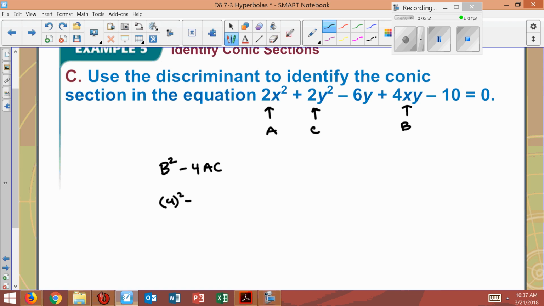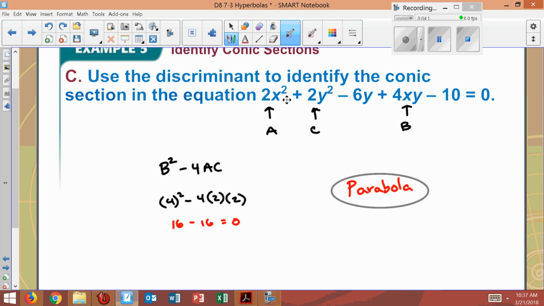I square it, minus 4 times 2 times 2. 4 squared is 16, and 16 minus 16 equals 0. Since it's 0 exactly, this is actually a parabola. So I'm kind of surprised. I was expecting to see an ellipse since I had both x squared and y squared present.